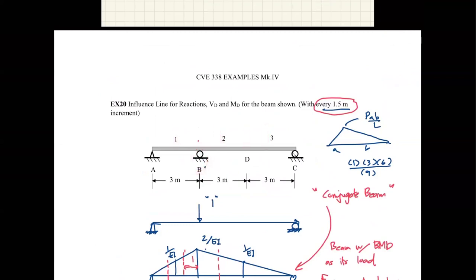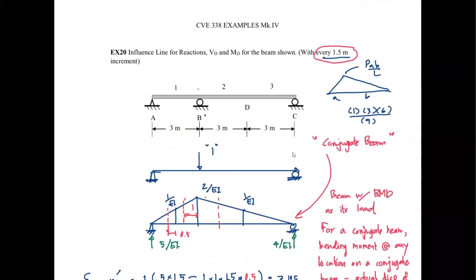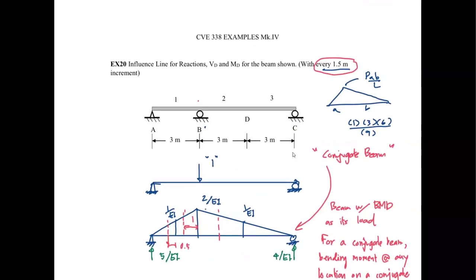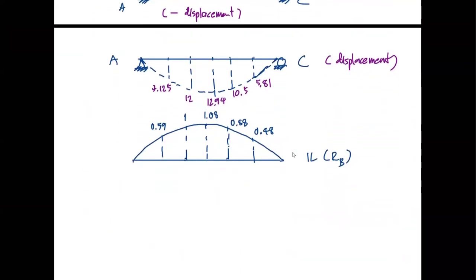At every 1.5 meter increments. So that means to obtain, say, reactions at A or at C or VD and MD, you are now calculating a determinate structure, correct? So what do you think we should do?